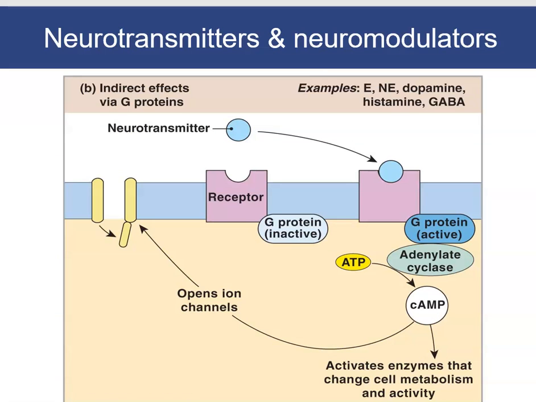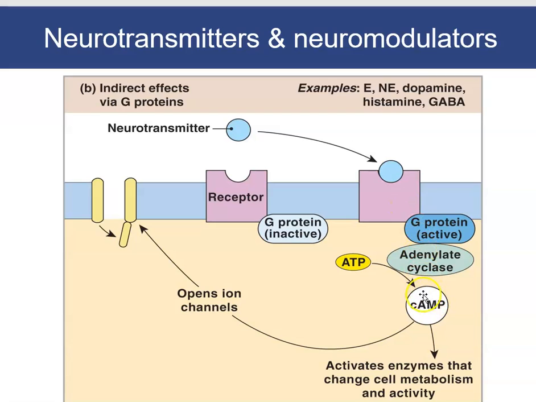Others work through an indirect effect. So they work through intermediates called second messengers. The neurotransmitter will be our first messenger. It's going to deliver the message to receptors on the membrane.